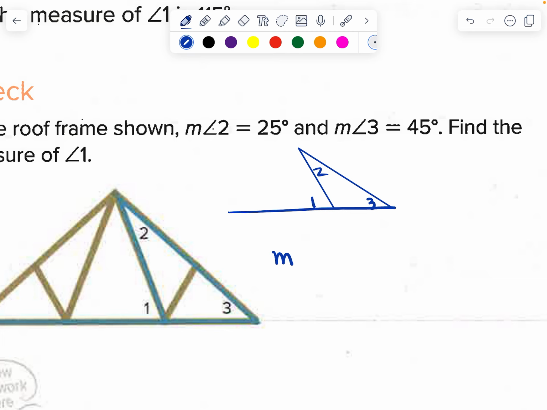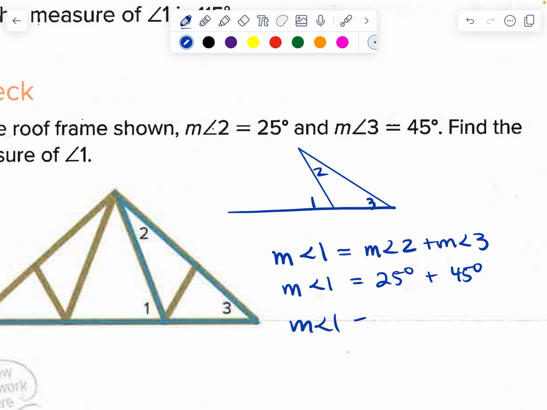So the measure of my exterior angle, which is 1, is equal to the sum of my two remote interior angles. Okay, so it says that 2 is 25 degrees, 3 is 45 degrees. So the measure of angle 1 is going to be 70 degrees.